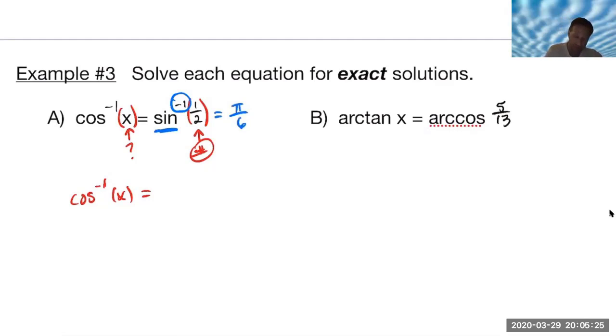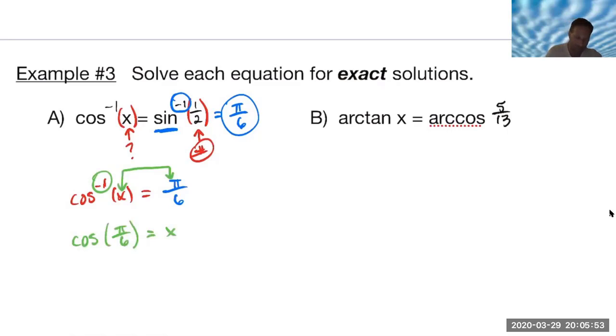So I can actually replace this whole thing with what it's equivalent to, an identity, if you will. And so now, hopefully you notice this looks exactly like the previous problems that we were working on, where I would just take and actually apply the inverse, and that means to do the reverse for my input and my output. So I can now rewrite this as the cosine of pi over 6 equals x.